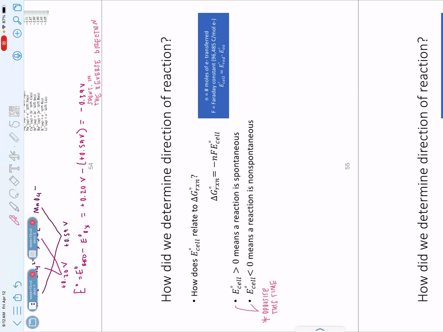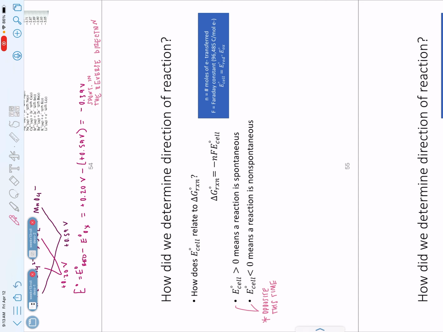E naught, or the cell potential itself, really is kind of measured on the scale of electrons, right? When we talked about what a volt was, 1 volt is equal to 1 joule per coulomb of charge that we move. And coulombs are measured fundamentally on the level of individual electrons. So one thing we have to do is modify our relationship to get it back to the molar level.